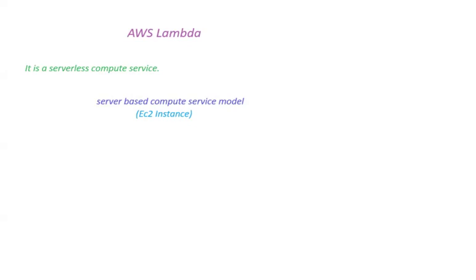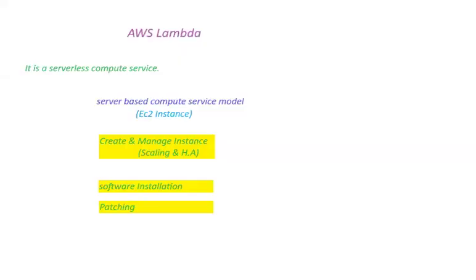Auto scaling, and high availability also. To run my application, do I need to download all the dependent software required for it? Yes, software installation. And to maintain my instance, do I require patching updates? Yes, patching updates are required.